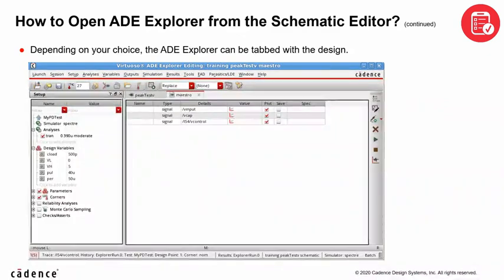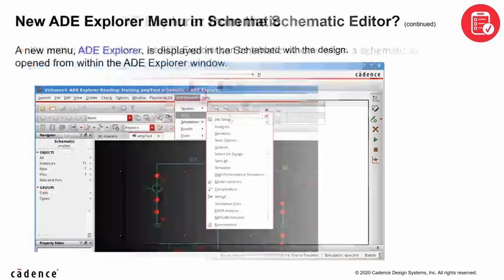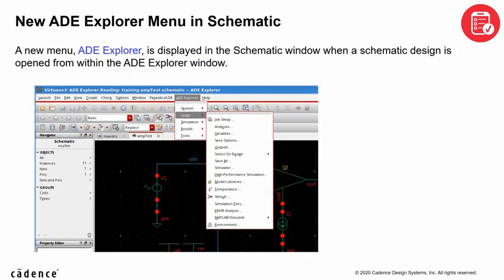So if you choose to open the ADE Explorer in a new tab, then your GUI will look similar to what you see here. The schematic tool is tabbed next to the new Maestro cell view, and you can always interchange between tabs to see either the schematic or your Maestro simulation setup. Now, if you go back to the Schematic Editor tab, you can see a menu item that's been added there called ADE Explorer.